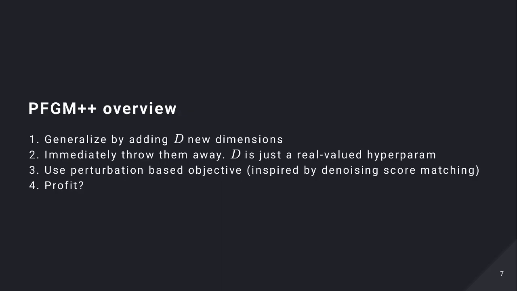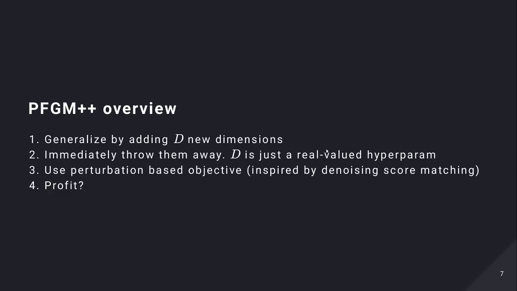And so one of the main contributions of PFGM++ is to actually address that problem by completely getting rid of the old training process. So the first thing they do is that they generalize the model by not just adding one dimension, but adding d new dimensions. But then actually you throw all those dimensions away. You only need one extra dimension, but then d still sticks around in your equation, but just as a real valued hyperparameter.